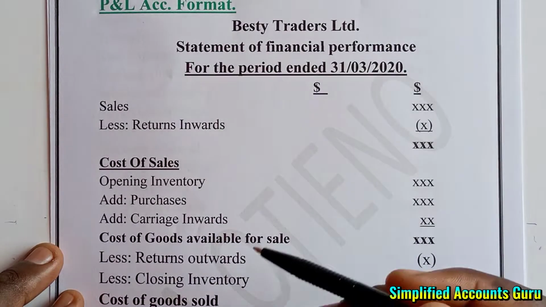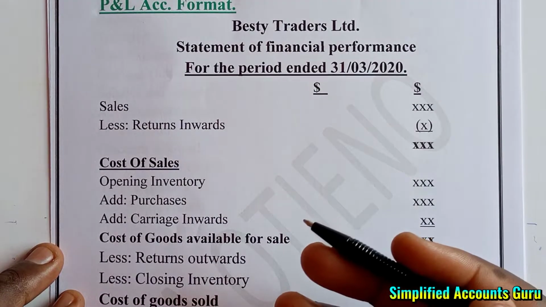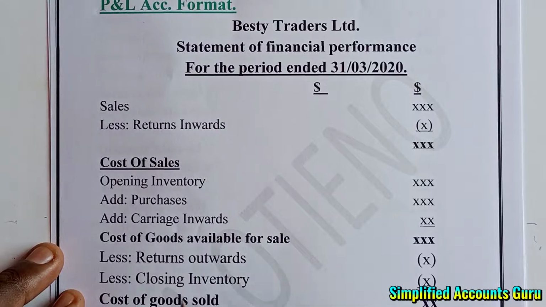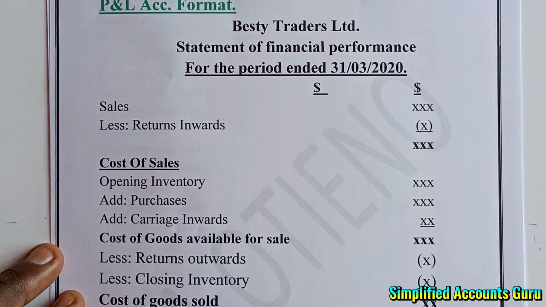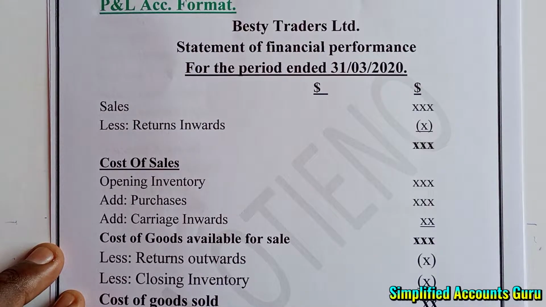So if goods have been brought back and they had already been sold out, it means it reduces the quantity of sales. For example, if the customer was to pay us $100, then goods worth $10 have been brought back. It means that we only expect $90. Definitely the value of sales or the revenue that we expect will go down.